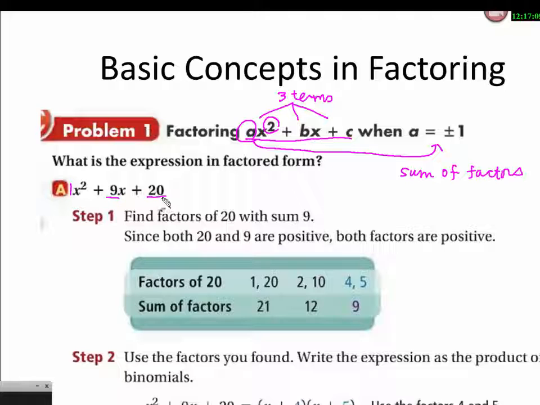The next thing you have to look at is the factors of 20. The factors of 20 can be positive or negative 1, positive or negative 2, positive or negative 4, positive or negative 5, positive or negative 10, or positive or negative 20. These are the factors of 20.